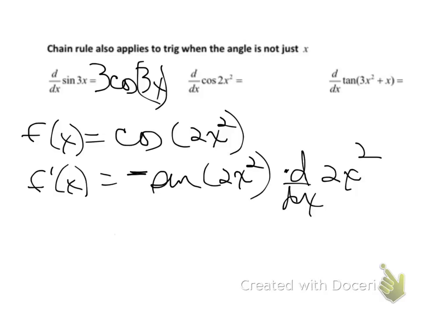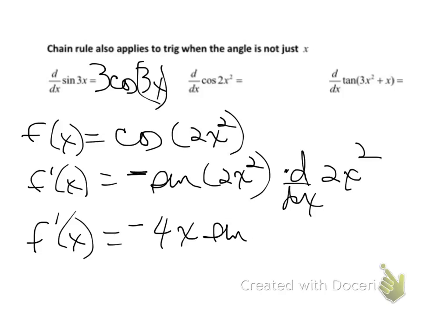That derivative is going to be 4x. So my final answer, bringing the 4x in the front, will be negative 4x sine, again, I haven't changed my angle, 2x squared. If you find you change your angle, something is wrong.